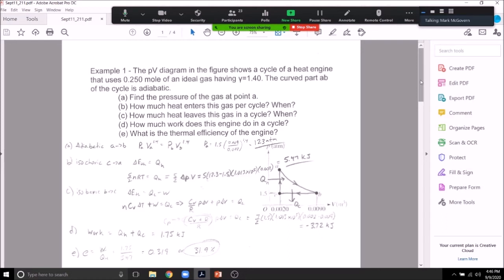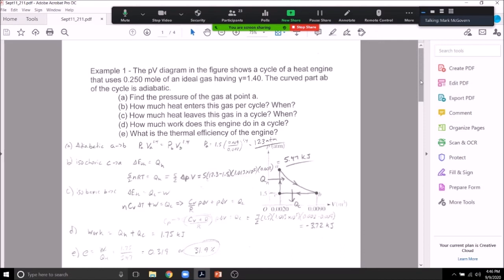Okay, fine. We have an ideal gas with an adiabatic constant of 1.4. So we are dealing with effectively air, because the 1.4 value is basically for air. That's true of any diatomic gas.